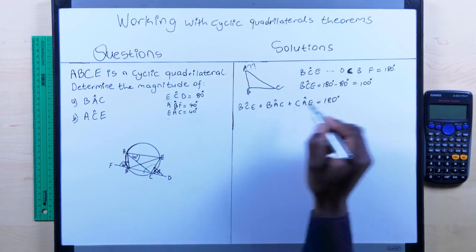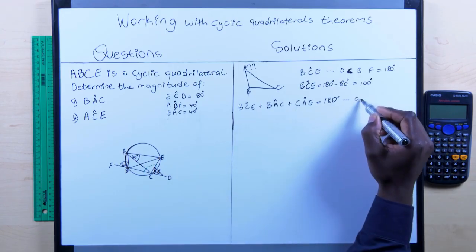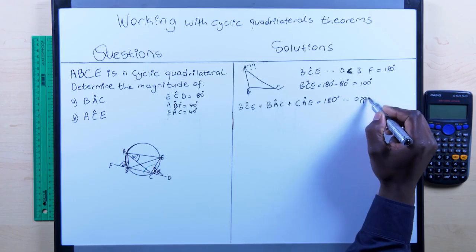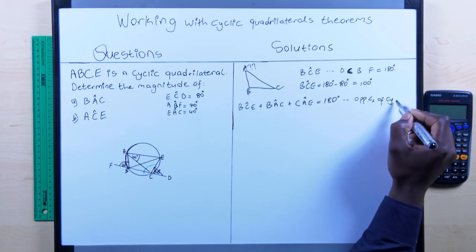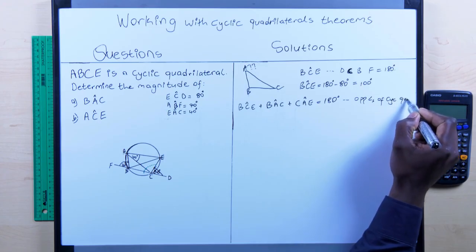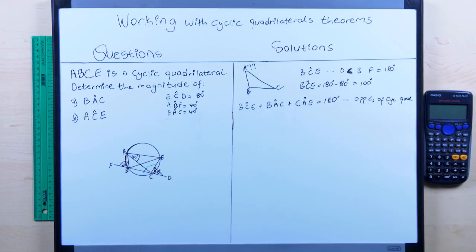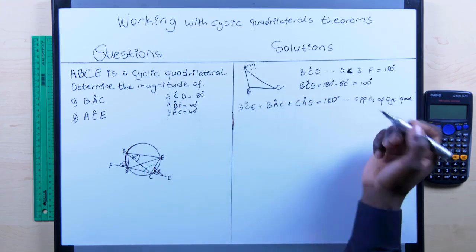The reason for this is that they are opposite angles of a cyclic quadrilateral. That's the reason for this notation.